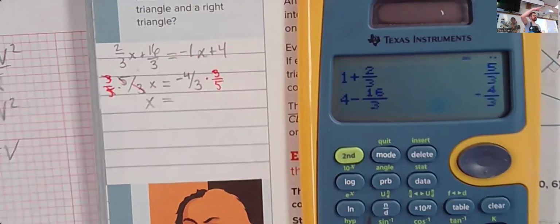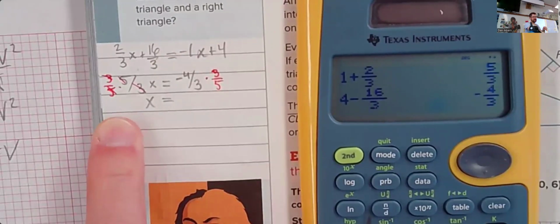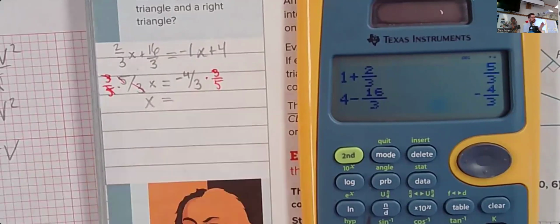So if you flip over 5/3 and you multiply it by 3/5, that all cancels out, which is why we're doing that. And so we do the same thing to the right side as well. Use a calculator or not. What is -4/3 times 3/5? Type it into a calculator if you need to.